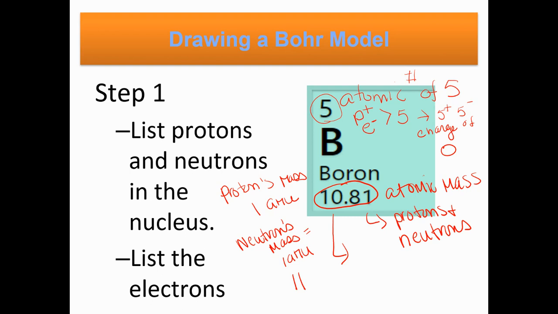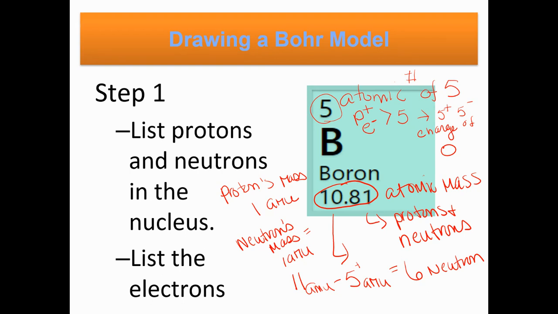But we don't know how many neutrons. We know we have 5 protons, we know we have 5 electrons, but how do we know how many neutrons we have? The way you figure that out is you say, I have 11 AMU, and I'm going to subtract my 5 protons, and it's going to leave me with 6 neutrons. Okay, so again, it's 11 minus 5 equals 6.